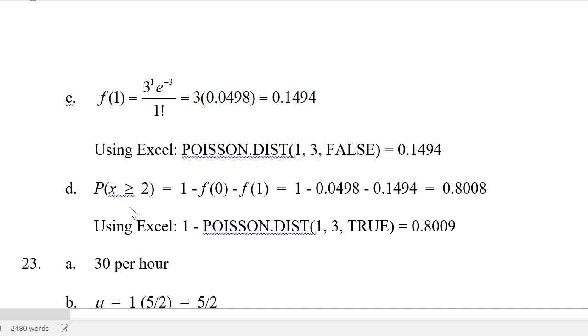For Part D, the probability x is greater than or equal to 2. So you would do 1 minus f of 0 minus f of 1. So you get 0.8008, or using this Poisson distribution function, 0.8009.